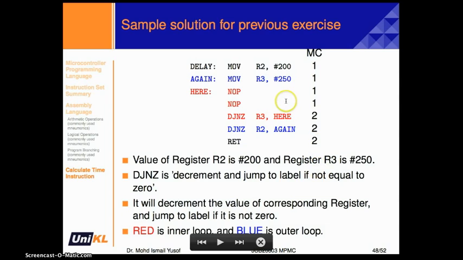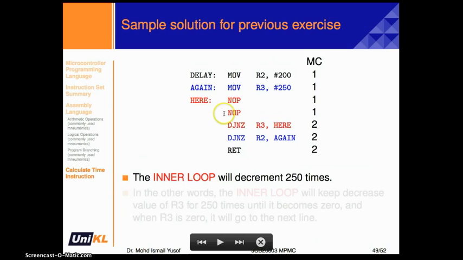I've changed the color so that the inner loop is red and the outer loop is blue, in order for you to have a better visualization. From this, we can see that the inner loop will decrement 250 times. Why? Because of the value of R3 and the instruction DJNZ.